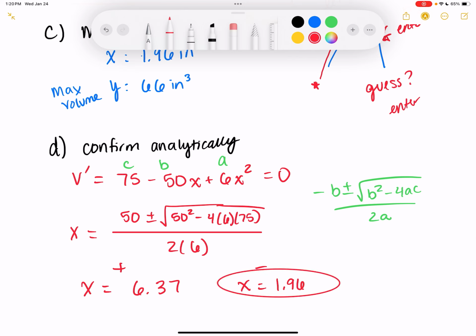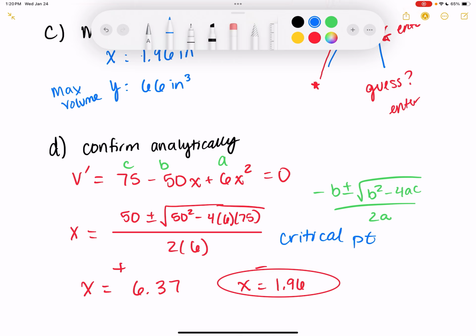Now, when we set this equal to 0 and solved, what do we call this? Critical points. This is a critical point. Okay? Now, I said if we had a negative one, obviously that doesn't make sense.